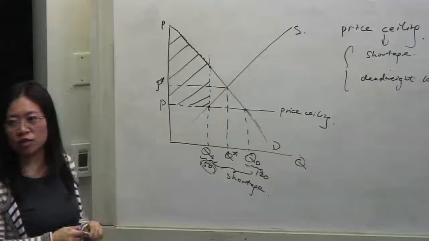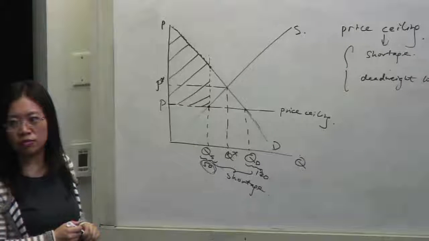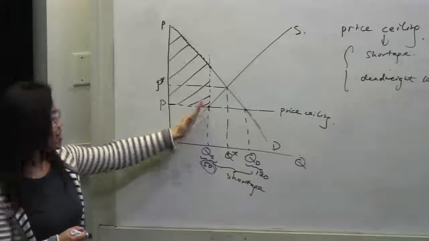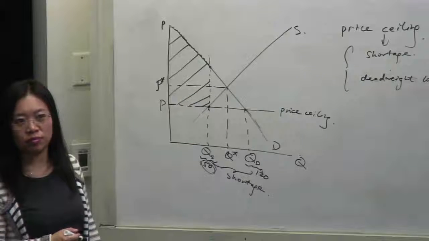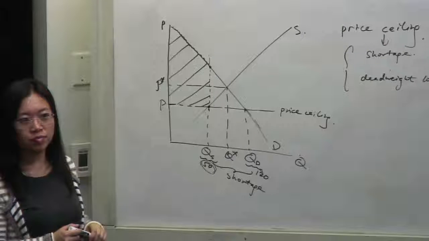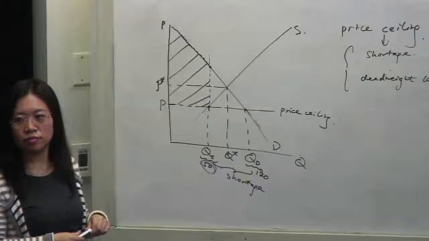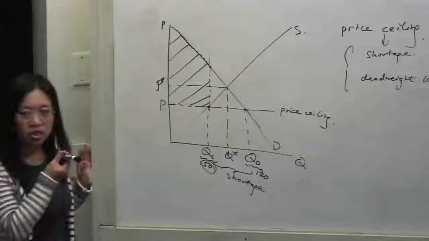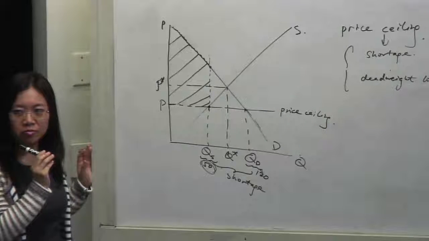So which area represents producer surplus? Market price, supply, and quantity traded. Where? Can you see it? What is the area between the market price and the supply?